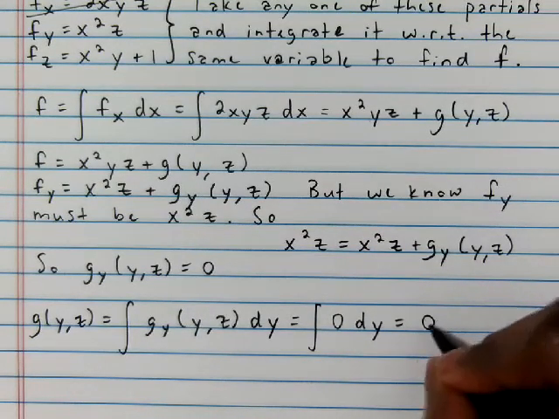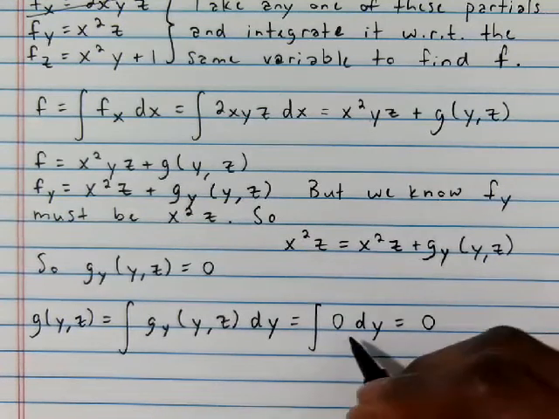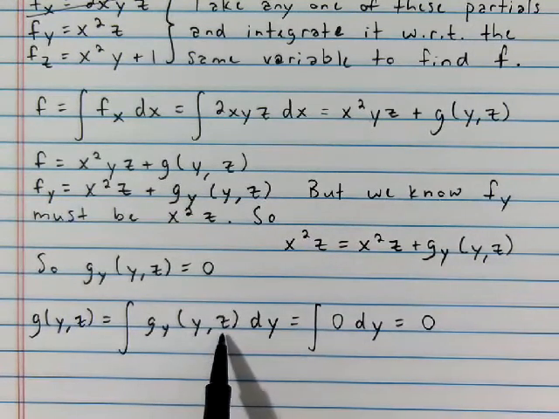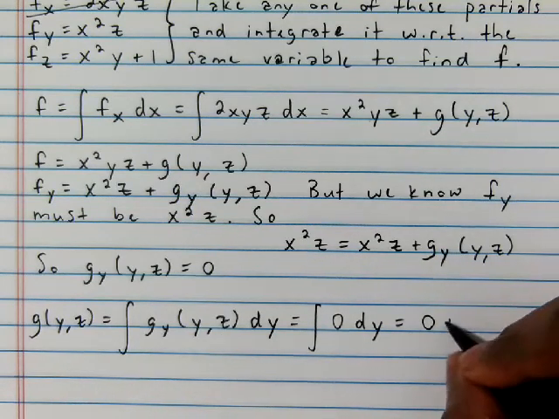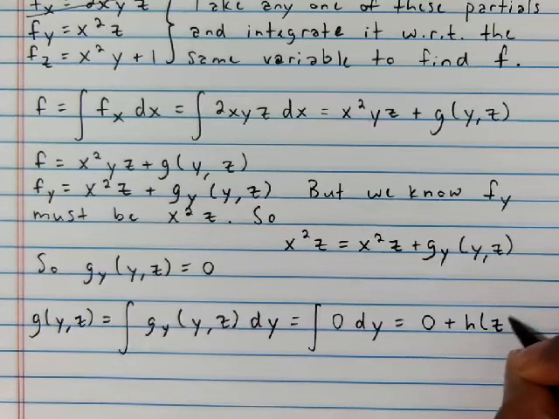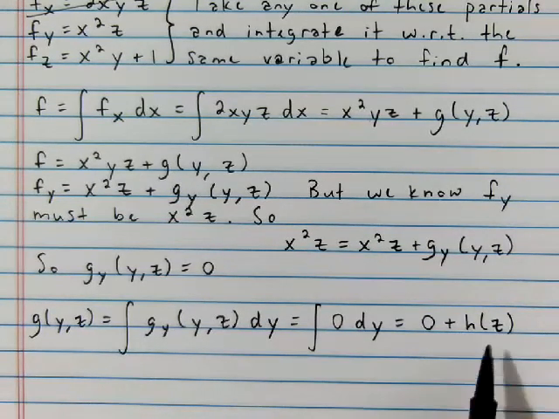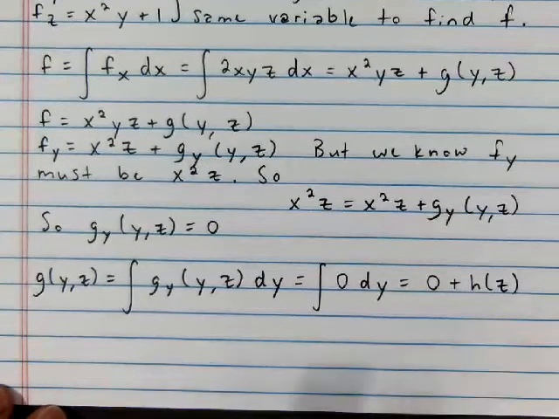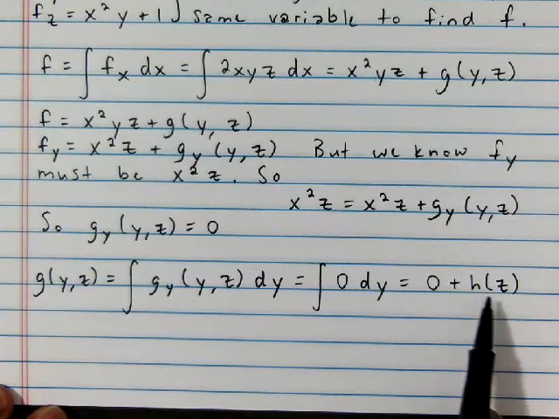Usually that would be 0 plus c, but we have to keep in mind that we had z here. So really we're treating z as a constant. So we would get 0 plus h of z. This is our constant of integration because we would be treating z's as constants. So now we have g of yz is just h of z.